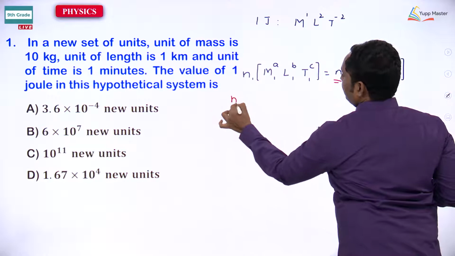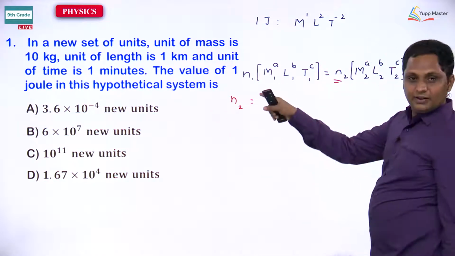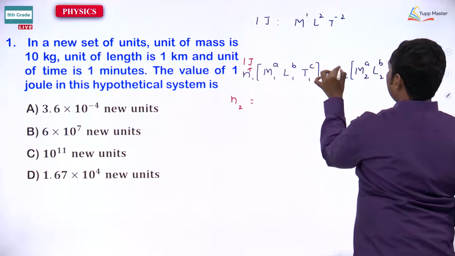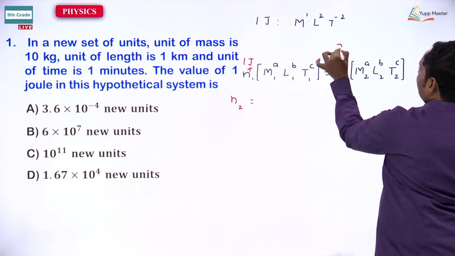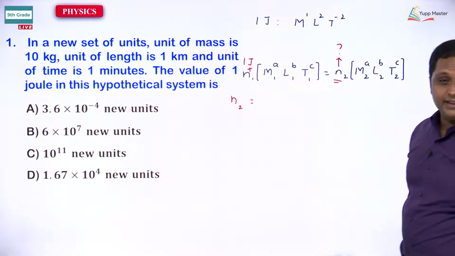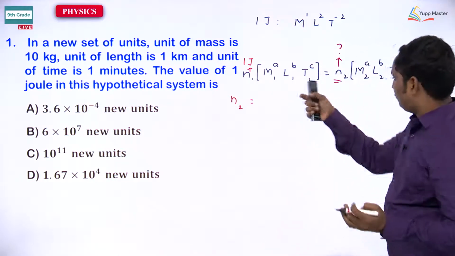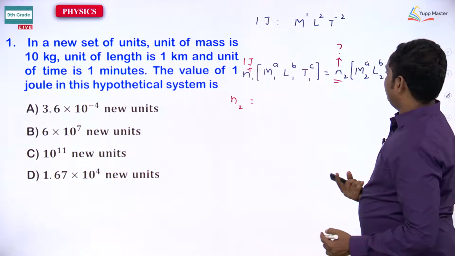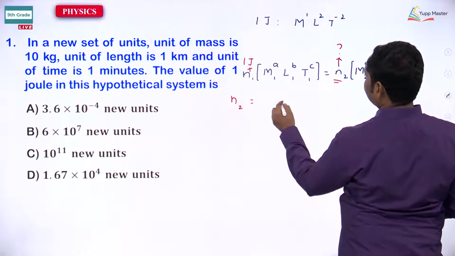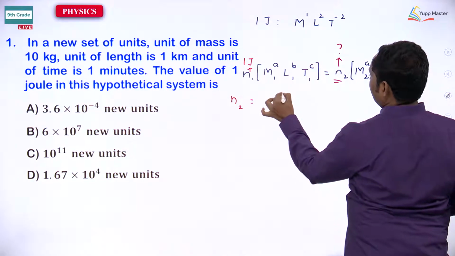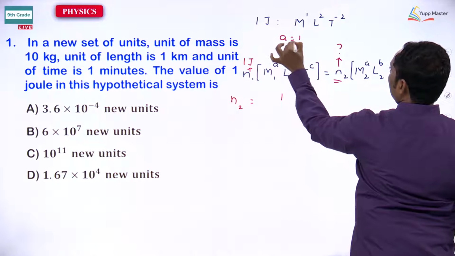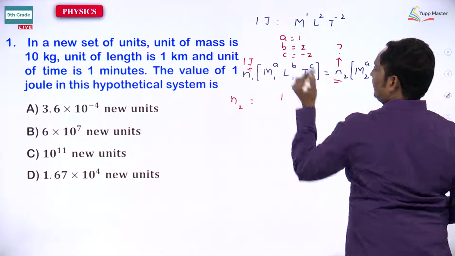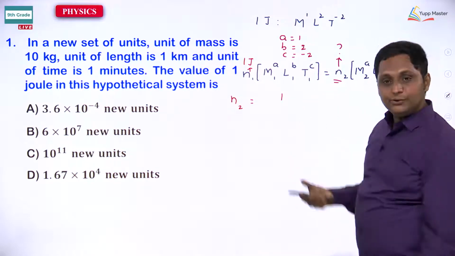So n2 is equal to, here n1 is 1 joule. In the second system, what is it? It is the question mark. You just have to get that value. Here a is equal to 1, b is equal to 2, c is equal to minus 2.